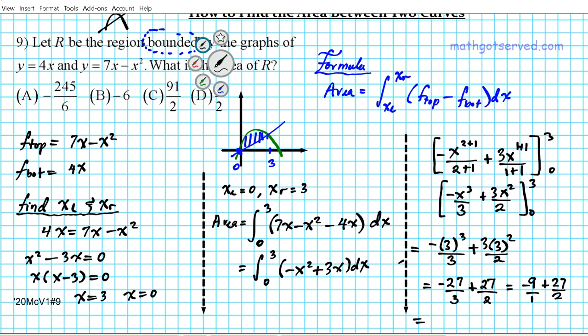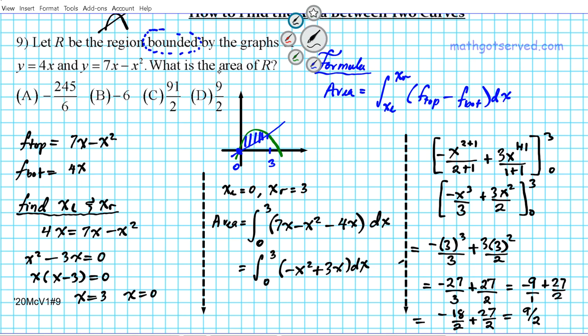That gives us negative 18 over 2 plus 27 over 2. And then you combine the numerators, keep the denominator, and you're going to end up with 9 over 2. Our final answer for question number 9 is option letter D. That's the answer right there.